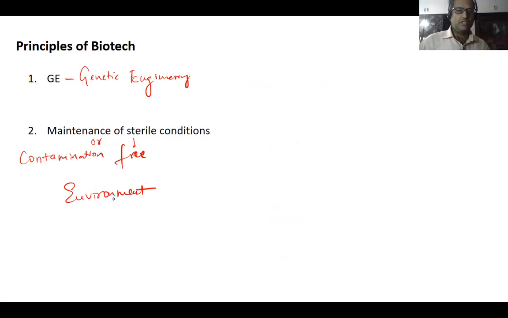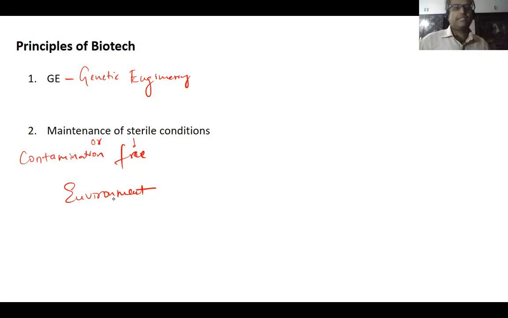What is maintenance of sterile conditions? Whenever we want to grow microorganisms in the lab and develop those things, it should be in a pure culture. There should be no impure culture, no contamination. A contamination-free environment should be made.